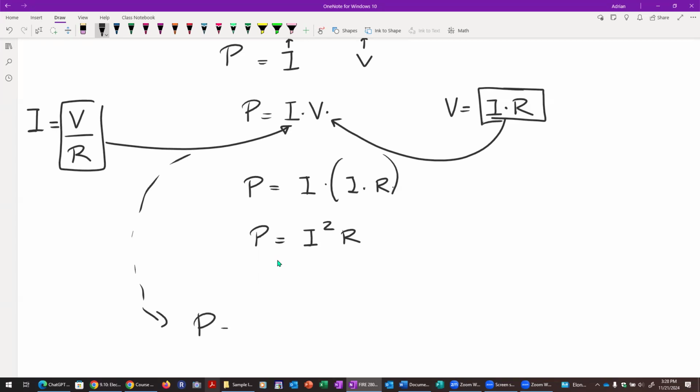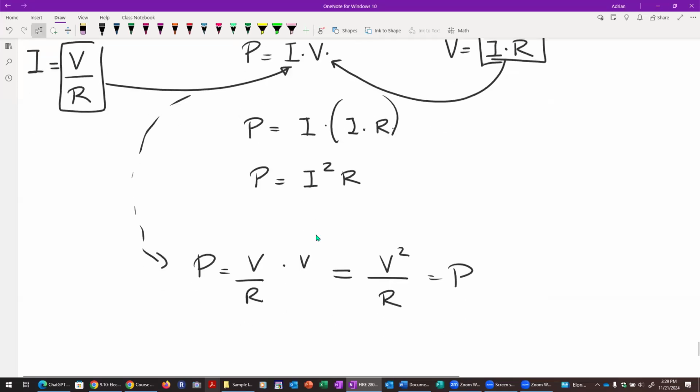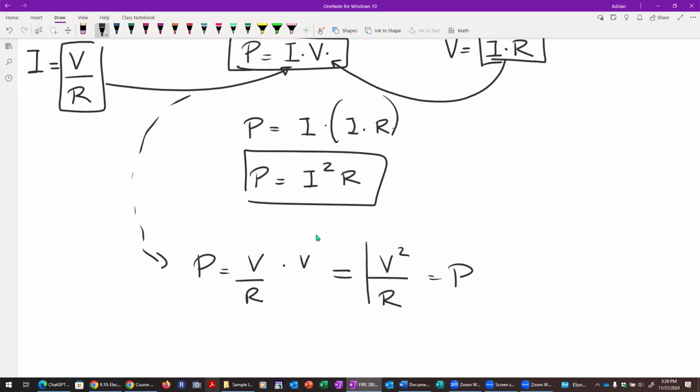I get P being equal to V over R times V. So that gives V squared over R. And that's equal to the power P.